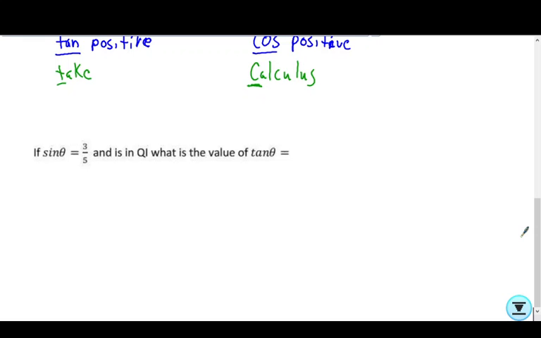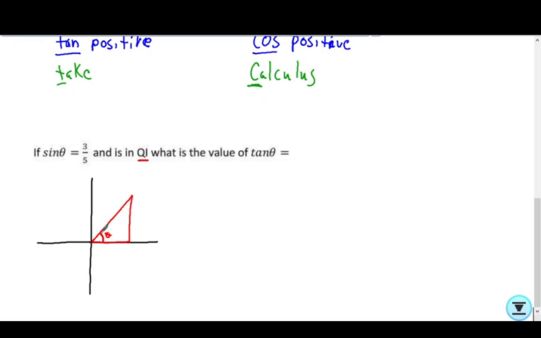There are two things we have to practice here. One, we need to practice setting up the quadrant. We're in quadrant 1, so I'm going to draw my x and y. My sine value is in quadrant 1, so we draw this triangle, where this angle right here is my reference angle.